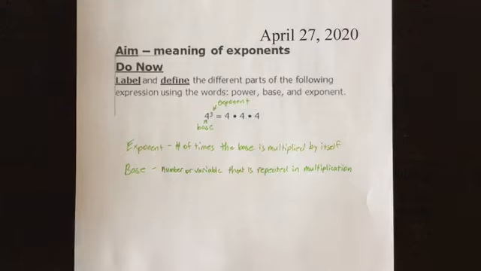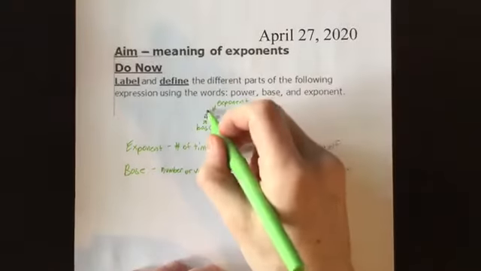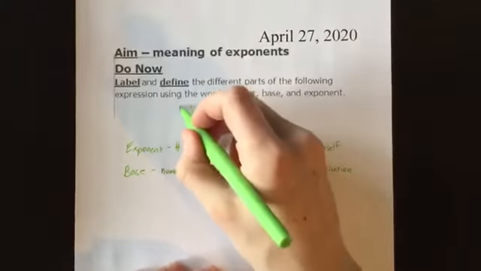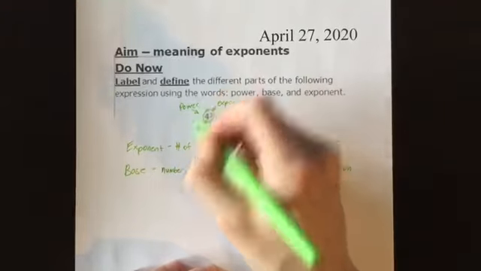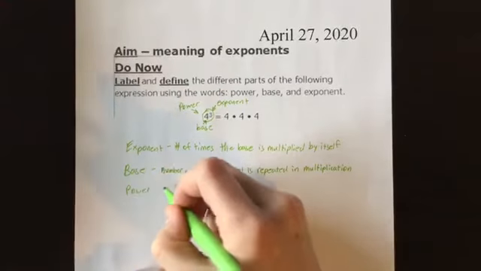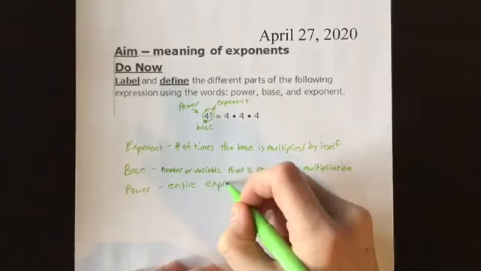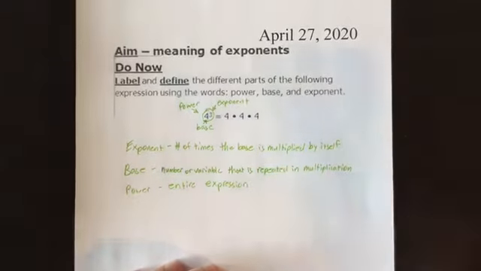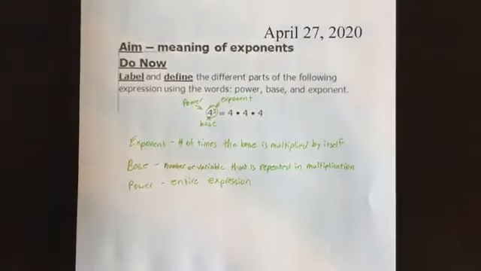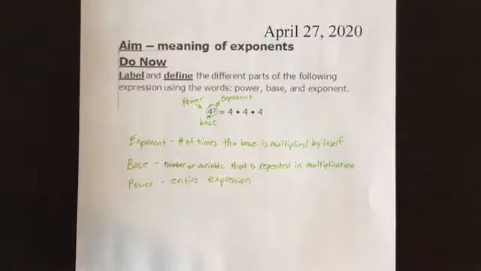The one students have most difficulty with is power, and power is really just the entire expression. So that was a nice sort of example we're familiar with maybe from 6th grade.